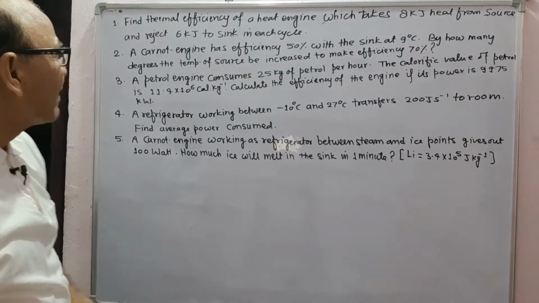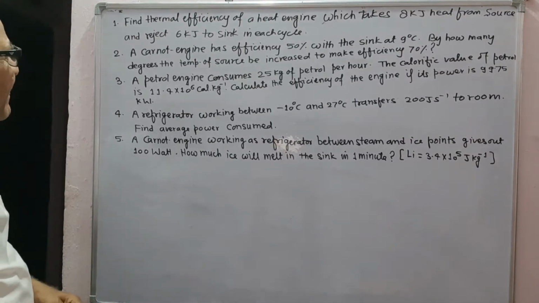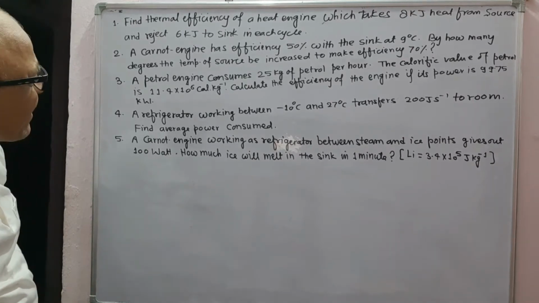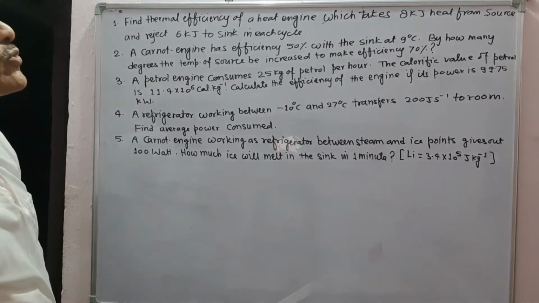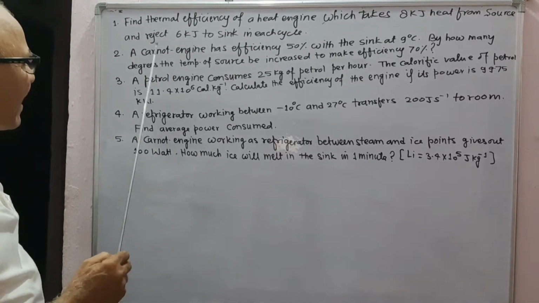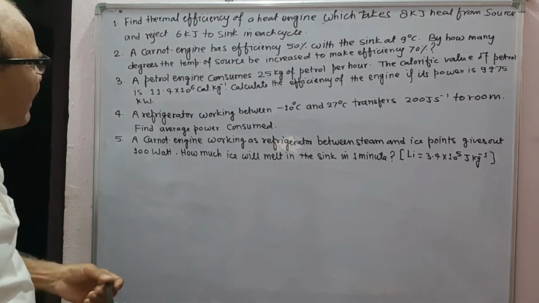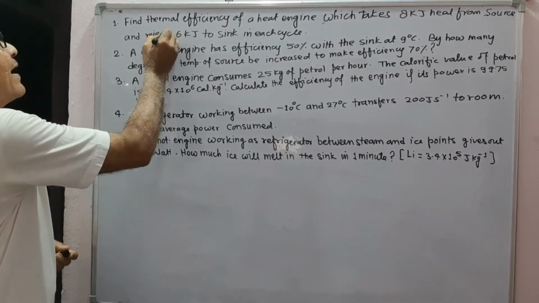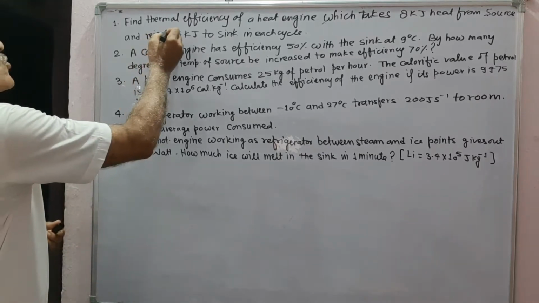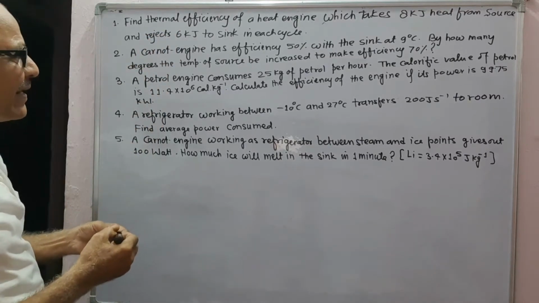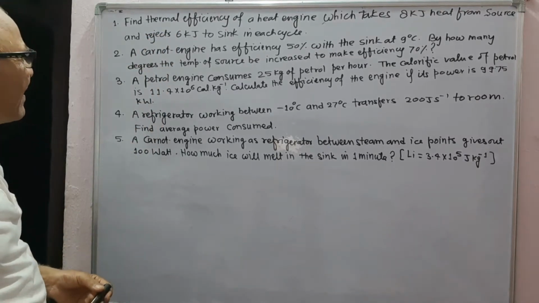Now let us solve the problems. First problem is find thermal efficiency of a heat engine which takes 8 kilojoule heat from source and rejects 6 kilojoule to sink in each cycle.